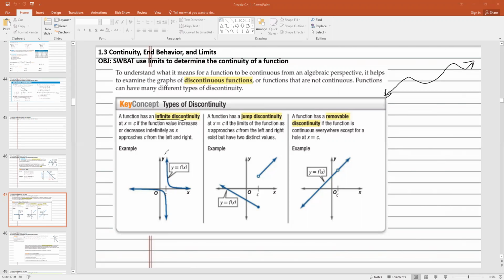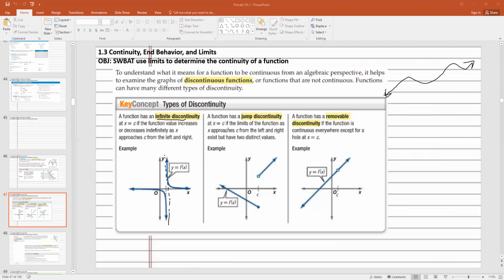You'll probably know from Algebra 2 it's like an asymptote, an invisible line that the graph approaches but never touches. So that's an infinite discontinuity.